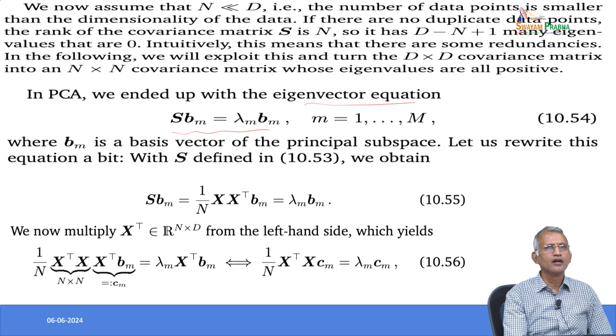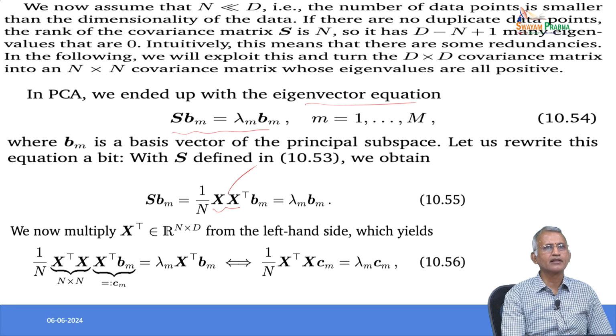Based on the covariance matrix S, we obtain (1/N) X X^T b_m = lambda_m b_m.